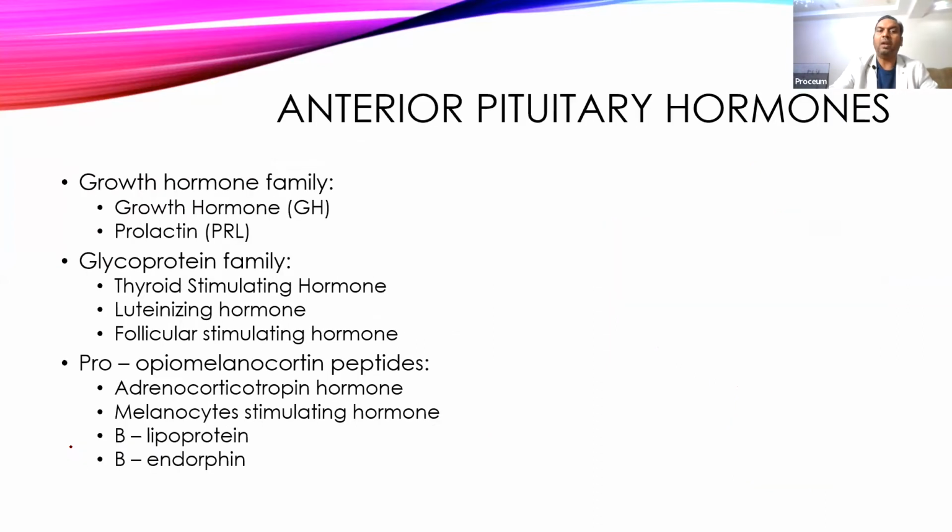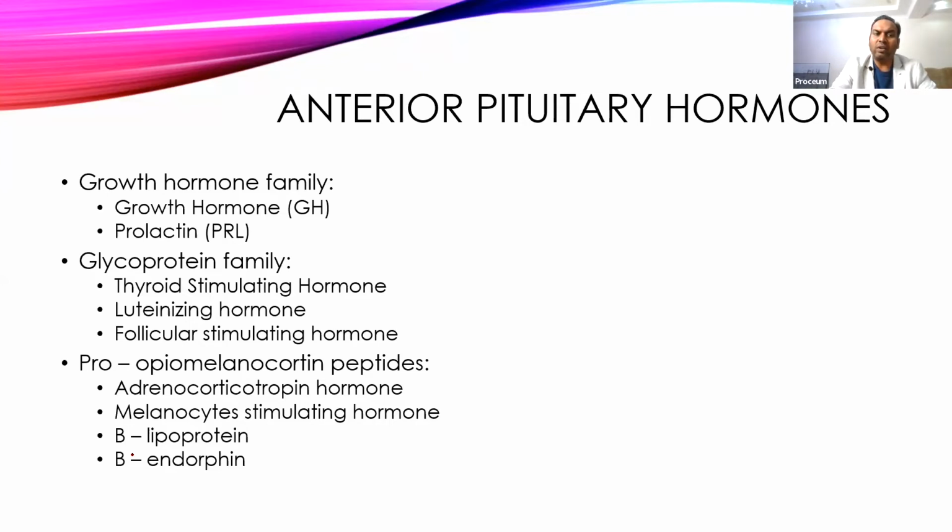Then come to the anterior pituitary hormones. We can divide them into three groups: the growth hormone family, the glycoprotein family, and the pro-opiomelanocortin peptides. The growth hormone family is structurally similar to growth hormone, and these are growth hormone and prolactin; that's why they are put in one group.